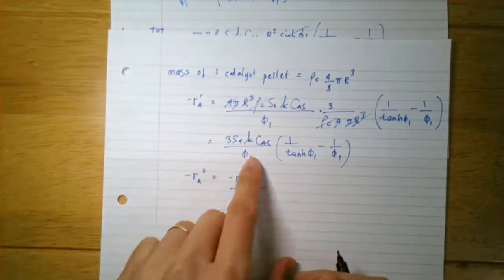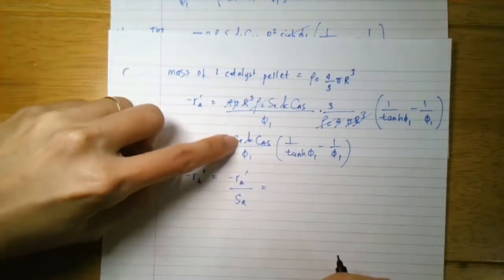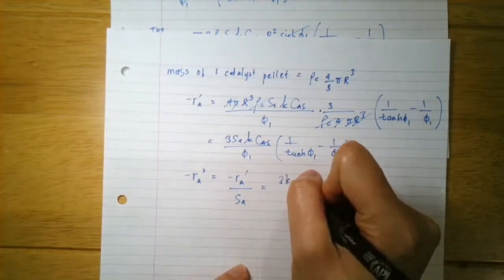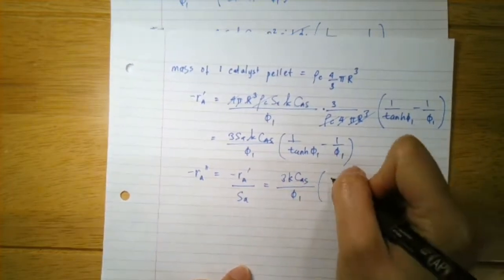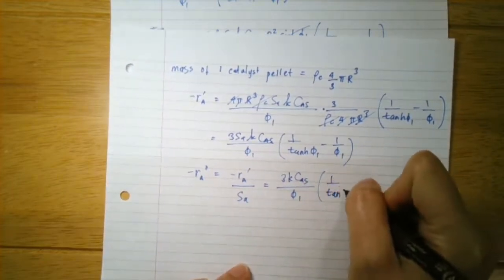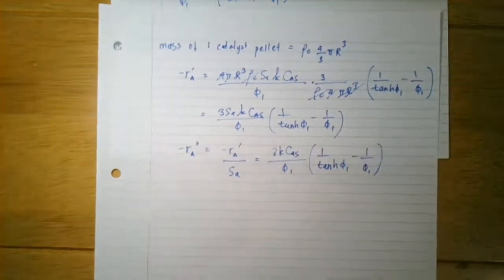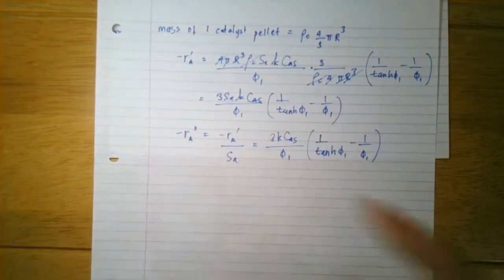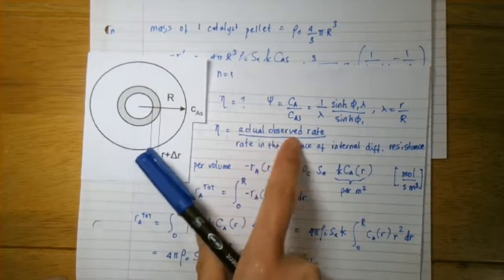Looking here, you will see that we have one SA here, so that will just cancel out with this one. So this one will be 3 K CAS over phi 1 times 1 over tang phi 1 minus 1 over phi 1. Now I have this, which is my actual observed rate, on a per unit area basis.